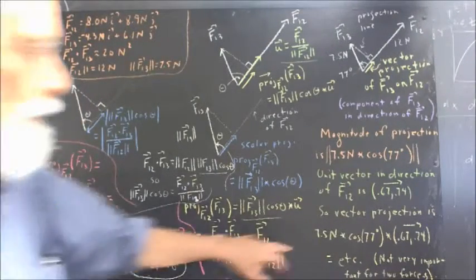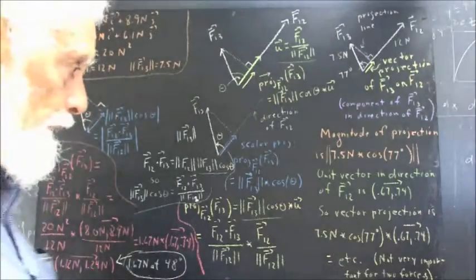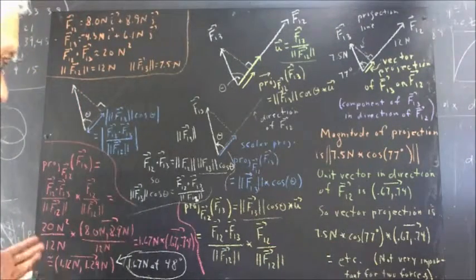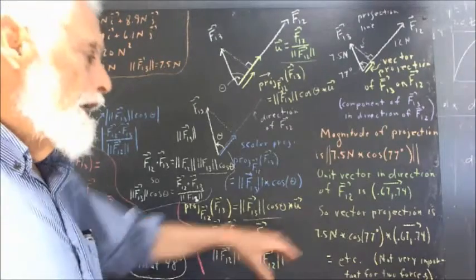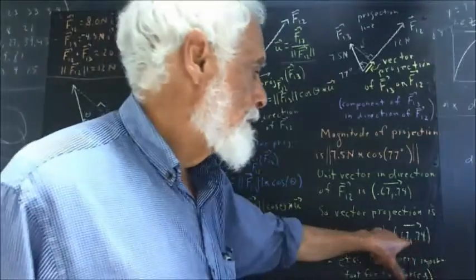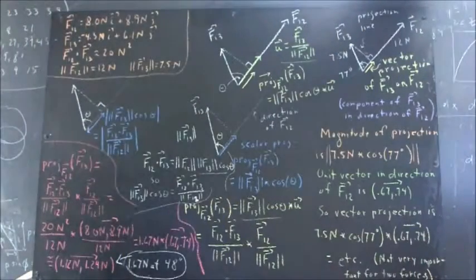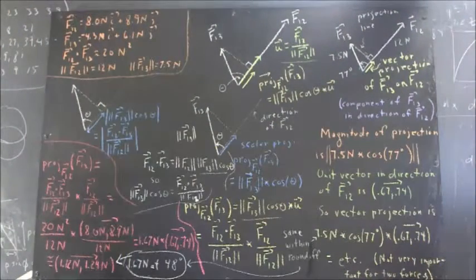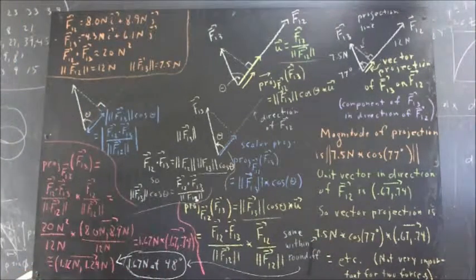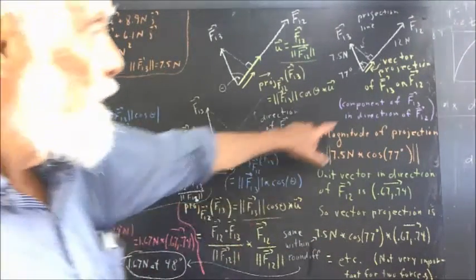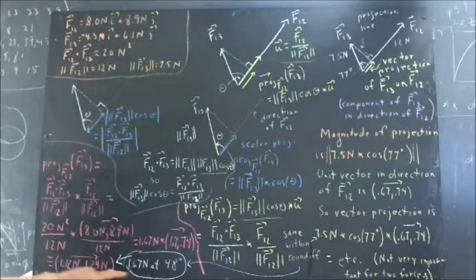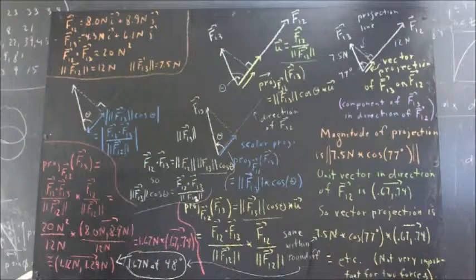Actually, the magnitude of this is going to be more like 1.69, and the angle will still be 48 degrees, and that's just due to the round off error on the angles and on the components of the unit vector. And I've indicated this is the same as this within round off, and you should understand this picture and what it's telling you and why it ought to be exactly the same as this picture.